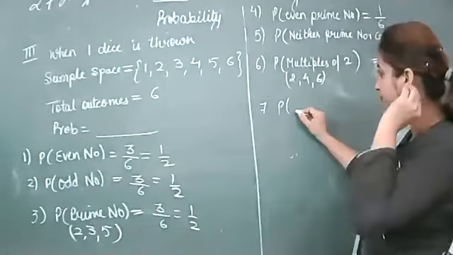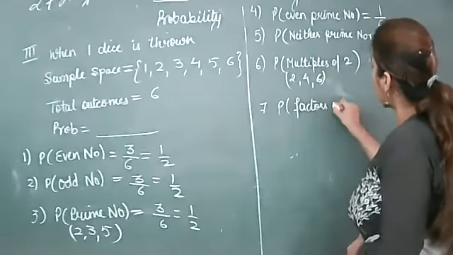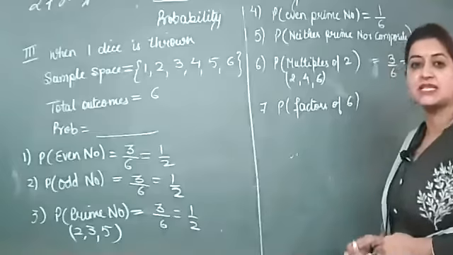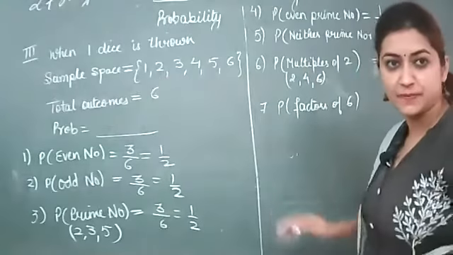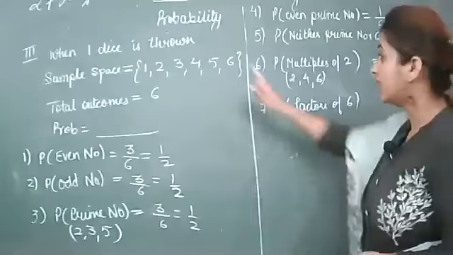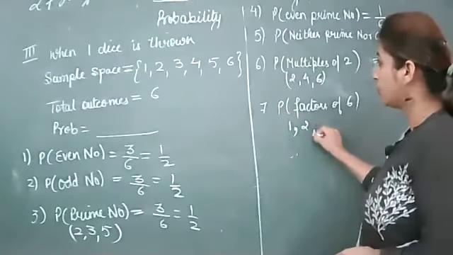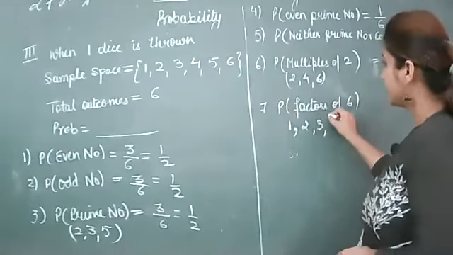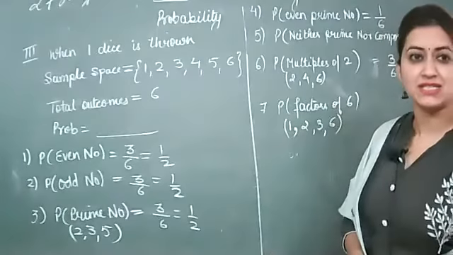Probability of factors of 6. 6 के factor. You have to tell the number which divides 6. कौन कौन से आएंगे? 1 is a factor of every number, 2, 3, 6. 6 itself divides 6.